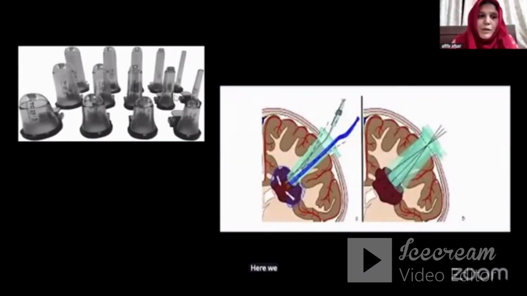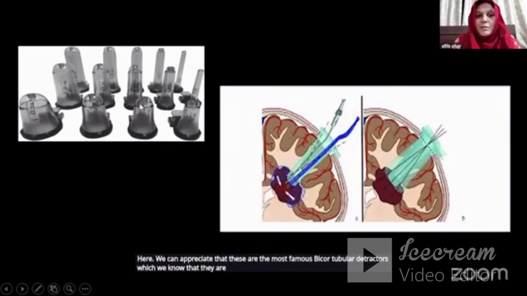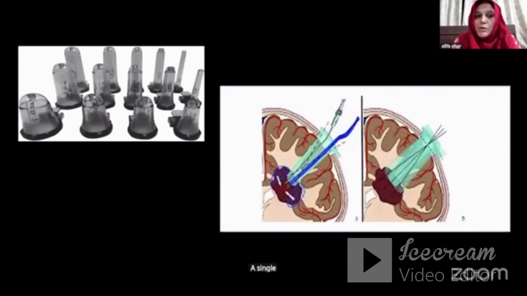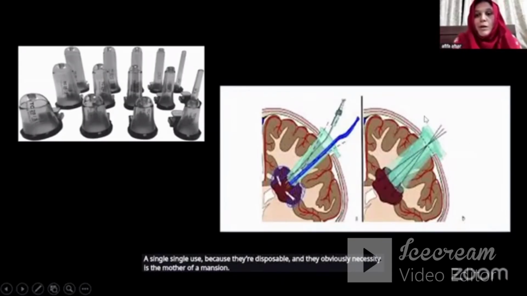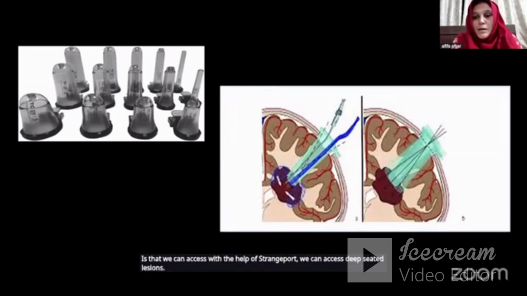Here we can appreciate the most famous Y-core tubular retractors, which are single use because they are disposable, and necessity is the mother of invention. In this animated diagram we can see that with the help of a syringe port we can access deep-seated lesions as well as surface lesions.